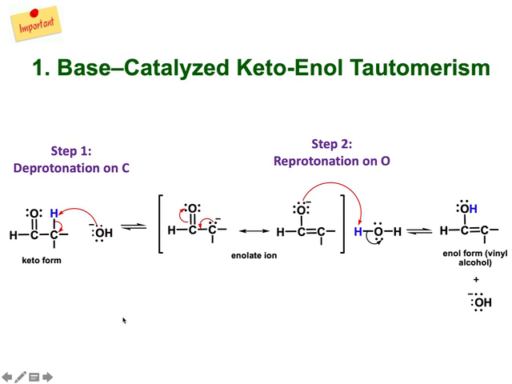So look at the mechanism. This one is the mechanism for base catalyst keto-enol. This one is keto form. The first step is deprotonation on carbon. Deprotonation, not protonation. So this one is base.